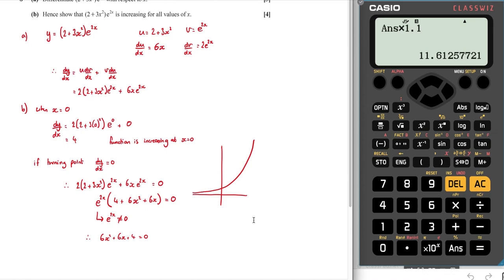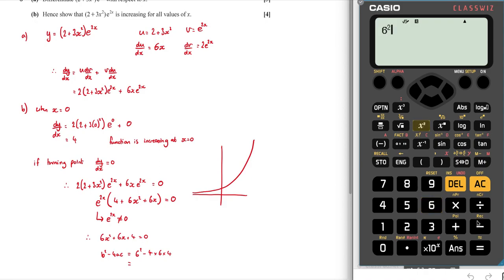So let's have a look. So b squared minus 4ac is equal to 6 squared minus 4 times 6 times 4. So let's get the calculator to do the heavy lifting again. So we've got 6 squared minus 4 times 6 times 4.